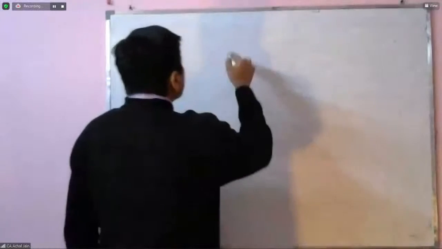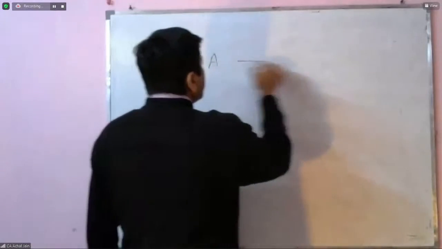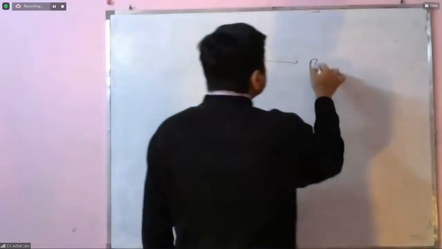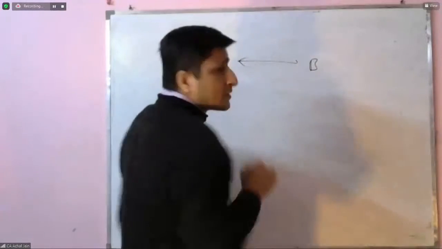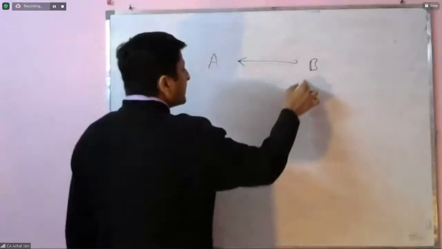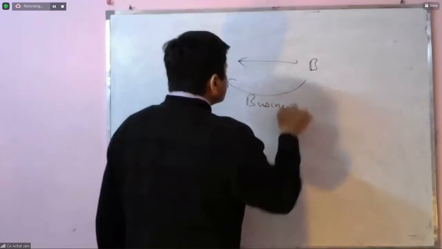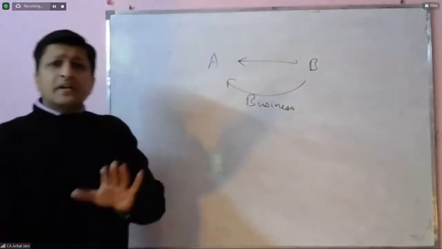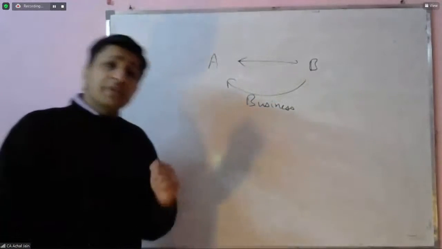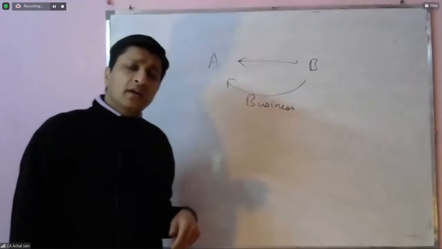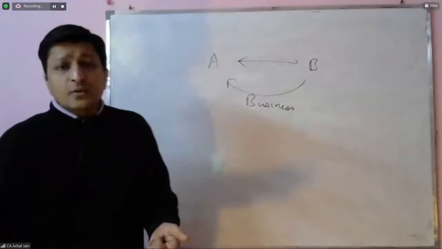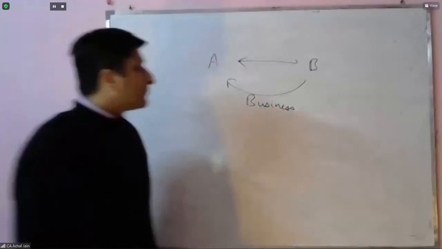So we are talking about a situation wherein A is acquiring B. That means B is transferring business to A. If B transfers business to A, A will also be required to pay something. Yes or no?